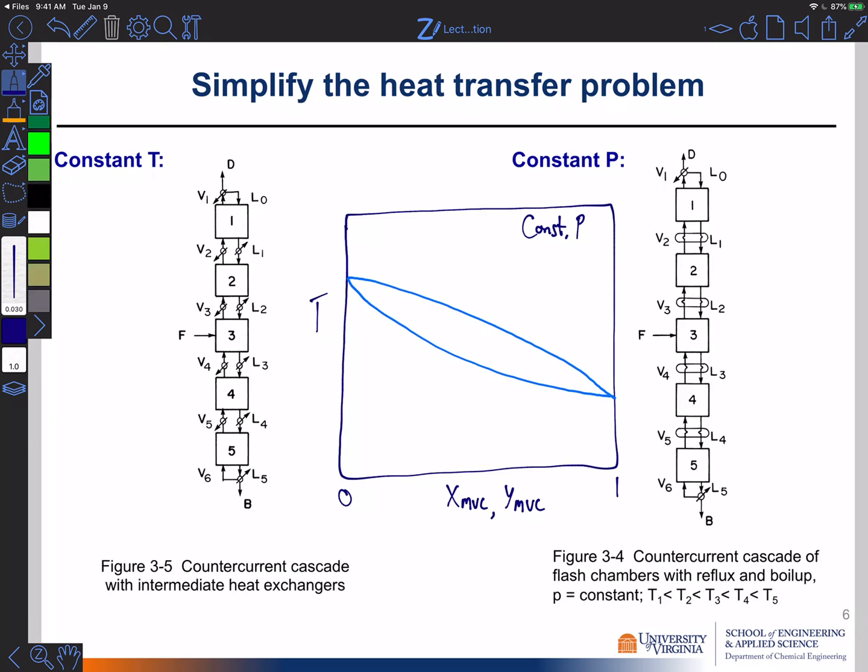All right, so, if we think about this TXY diagram, essentially what we're saying is that we're going to do something like this, where perhaps we start out at some higher temperature, T5, and we're going to progressively decrease the temperature.